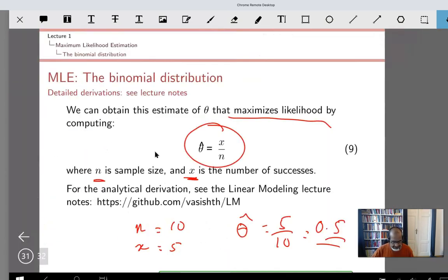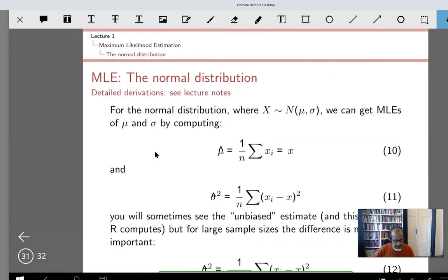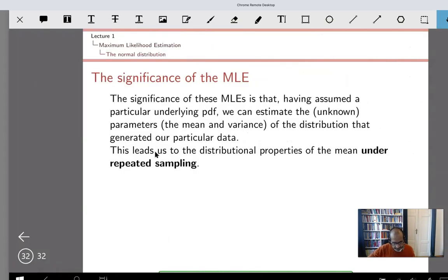So this was the discrete case that I just discussed. In the continuous case, for example the normal distribution, you will have a similar situation. The sample mean will give you the maximum likelihood estimate for mu, and the sample variance will give you the maximum likelihood estimate for the unknown true variance. Okay. All right.